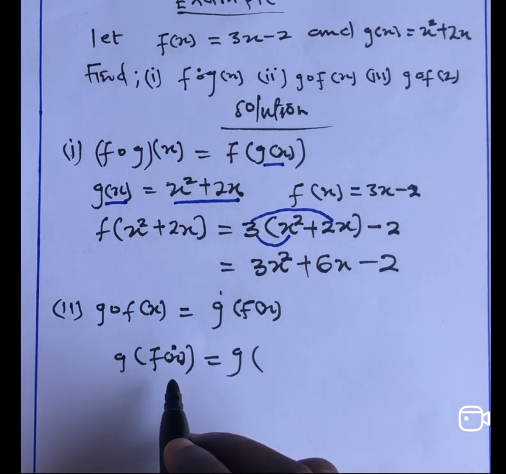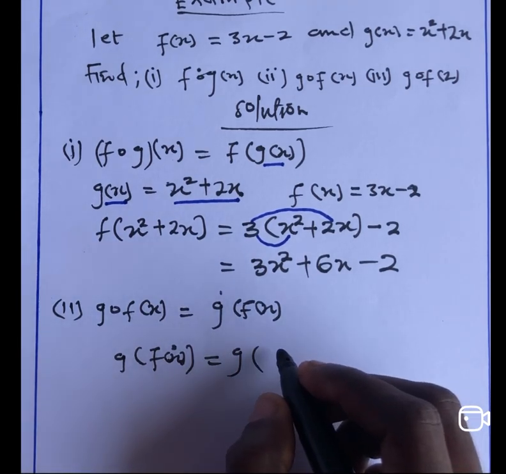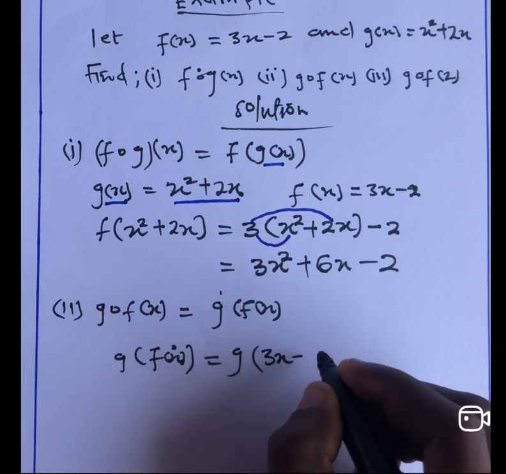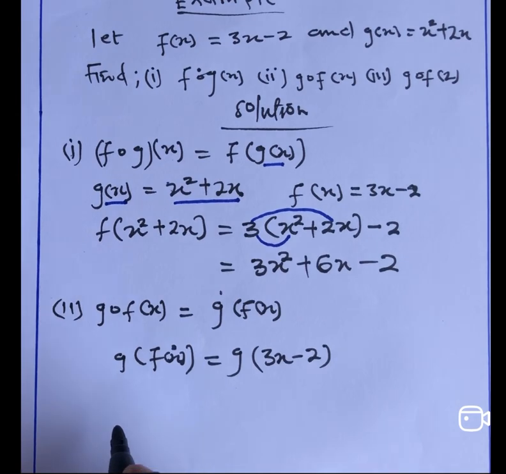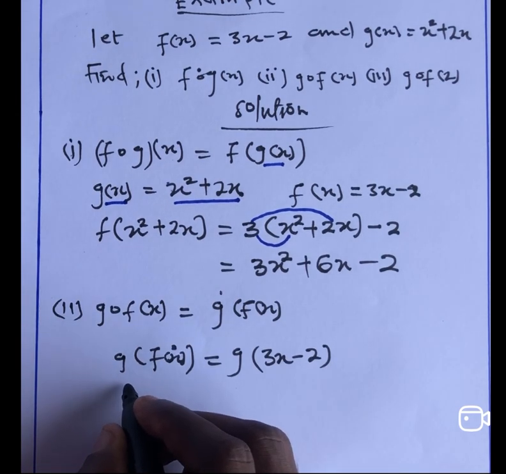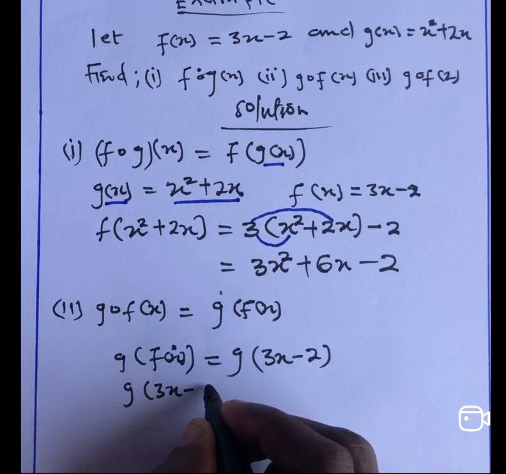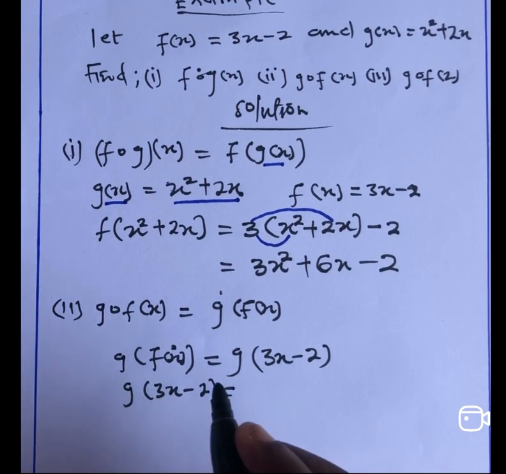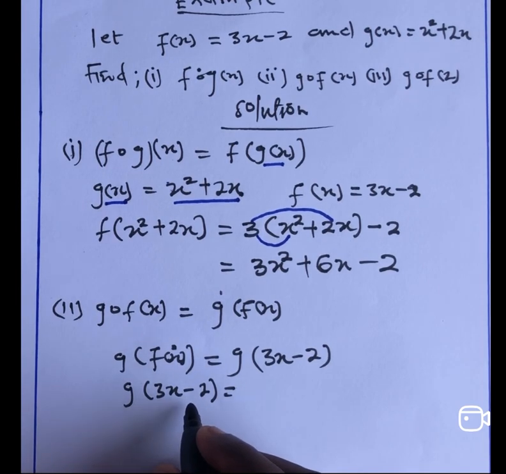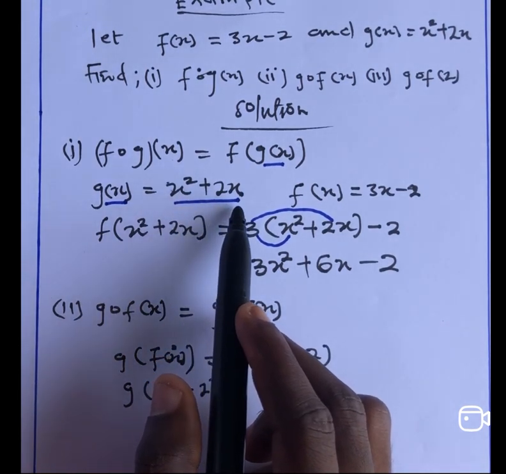We are going to take the f of x function, and you know our f of x function to be 3x minus what? 2. Is that okay? So from here g of 3x minus 2 will also be equal to, so wherever I see x in the g function, I'll replace it by 3x minus 2, and I know the g function is x squared plus 2x.